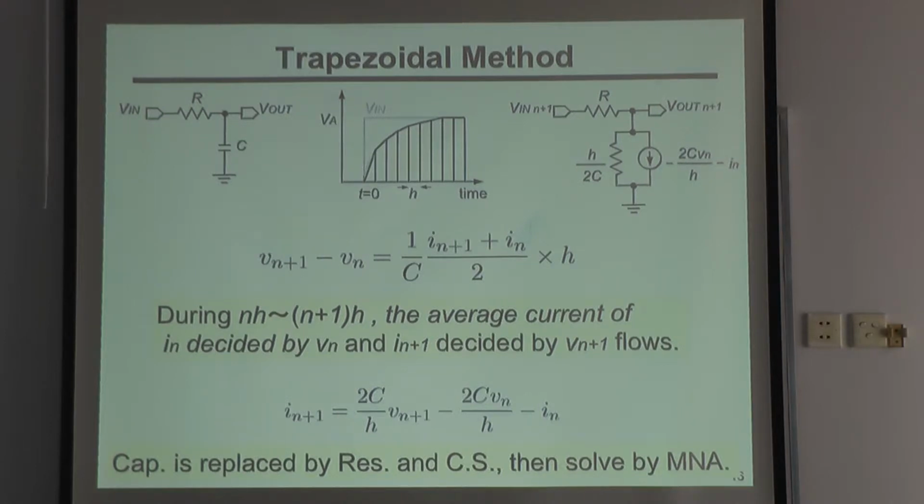In trapezoidal, again, I'm repeating because this is important: in the trapezoidal method, capacitance can be converted into a current source plus resistance. This is the key. And once we have this circuit, we can solve this by using modified nodal analysis. And this is how the SPICE simulator solves resistance and capacitance in transient.